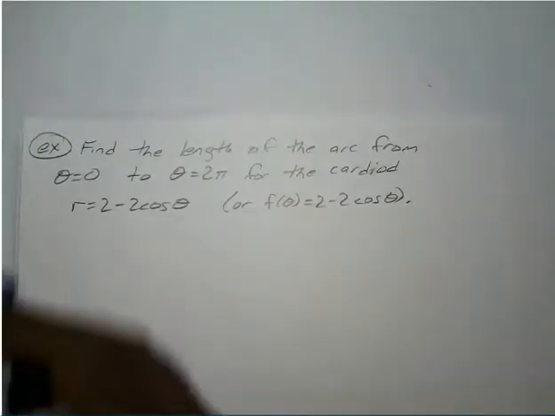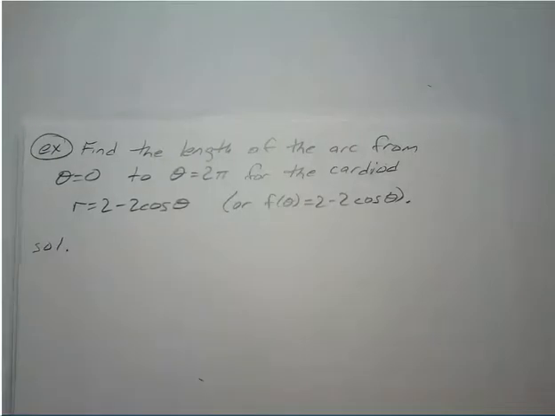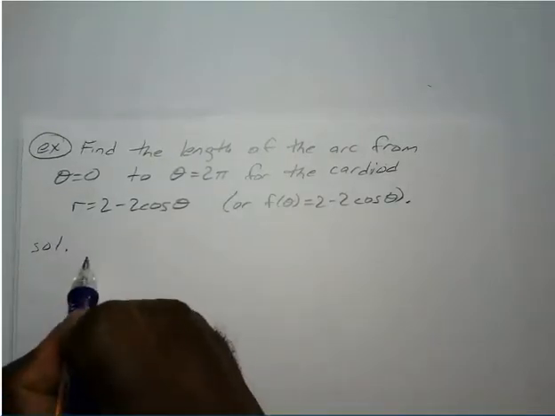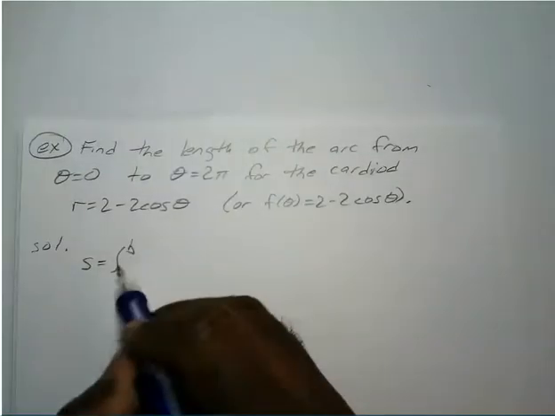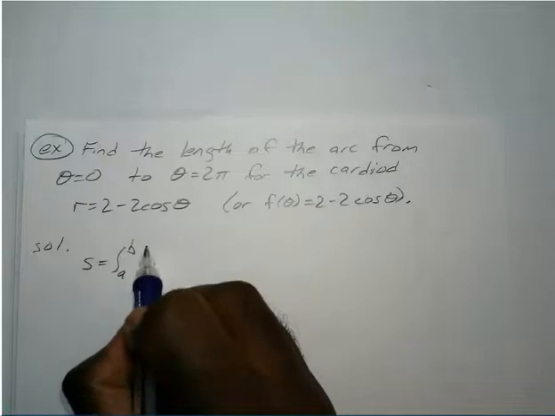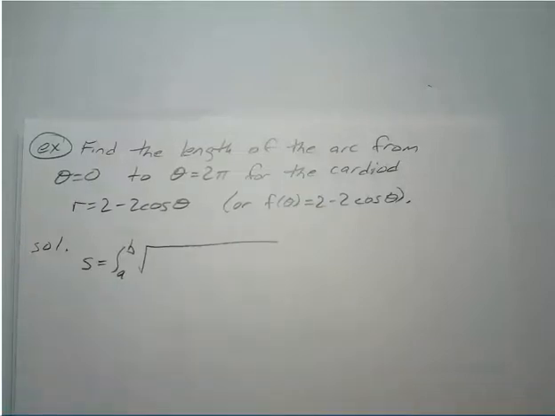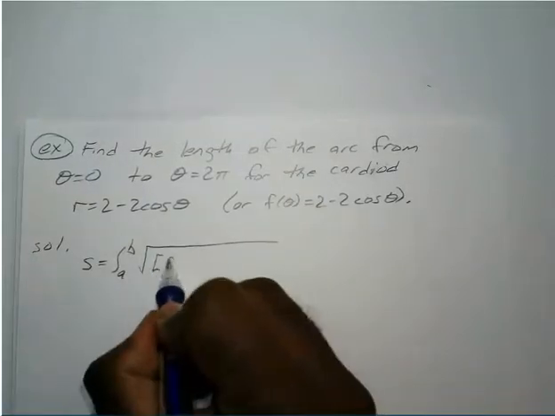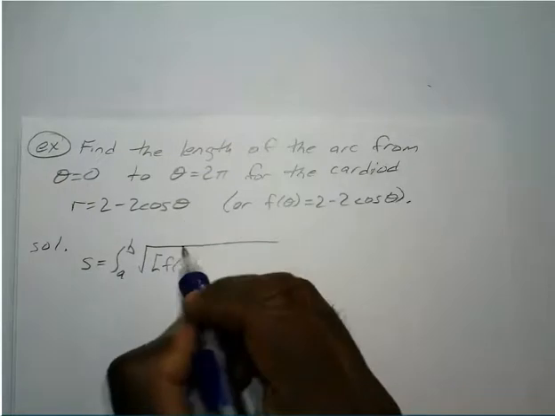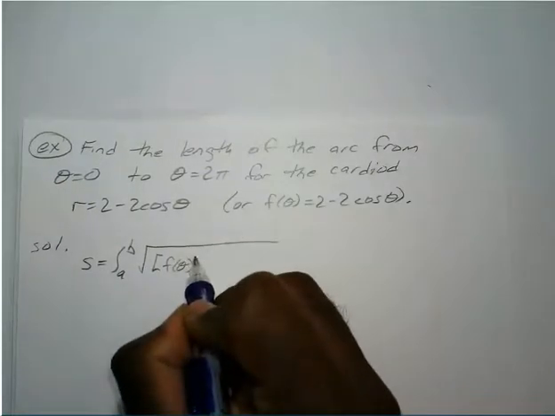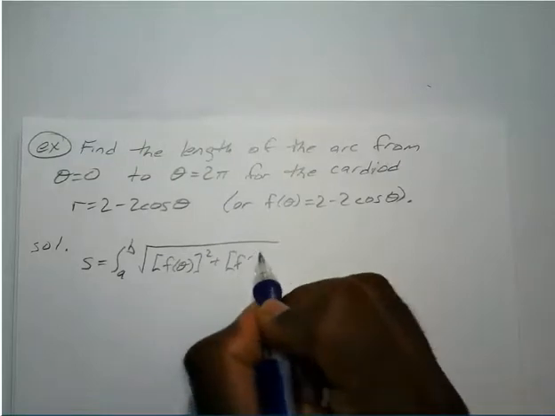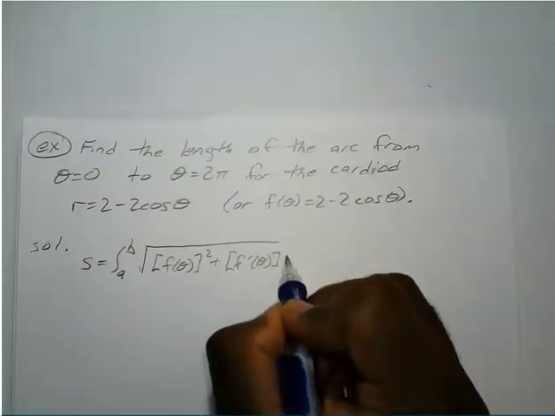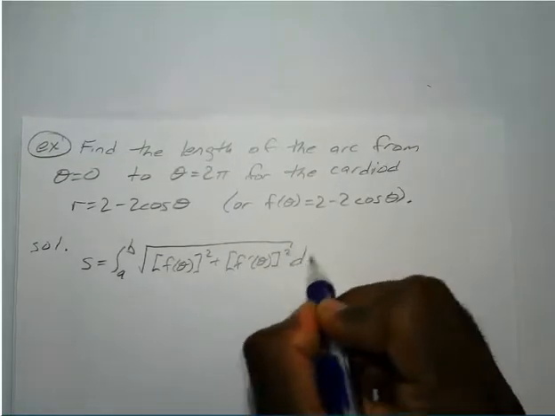Alright, so to solve this one, we can see that the formula for arc length is s equals the integral from a to b of the square root of f of theta squared plus f prime of theta squared with respect to theta.